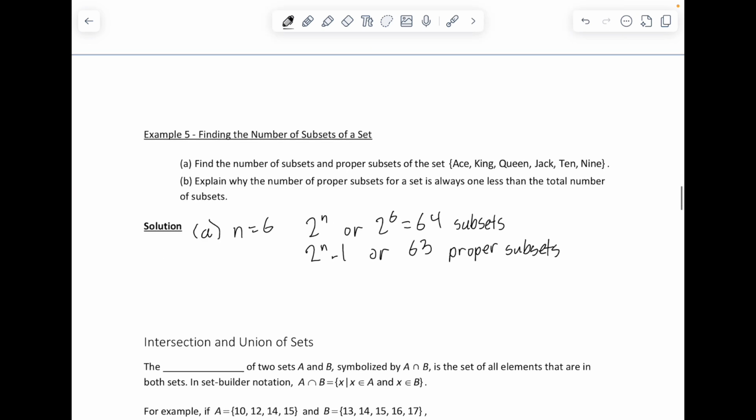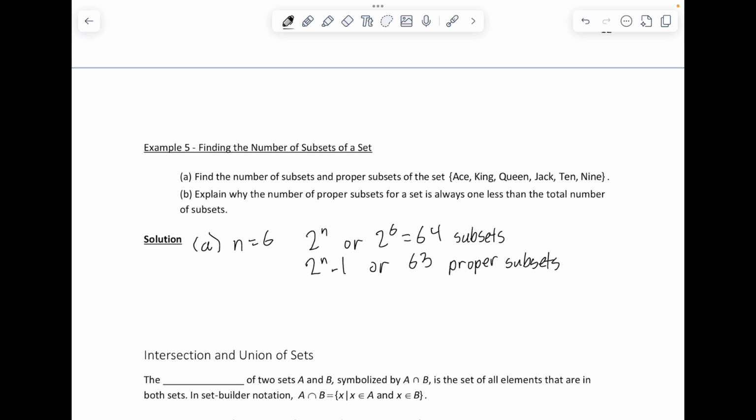Okay, let's introduce some new concepts. The intersection of two sets, A and B, is symbolized using this symbol here.